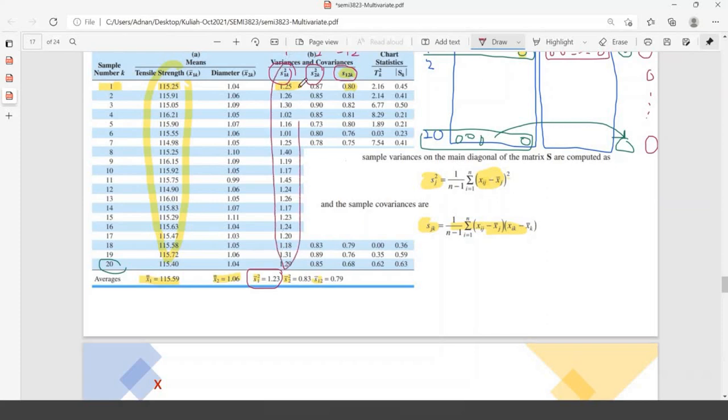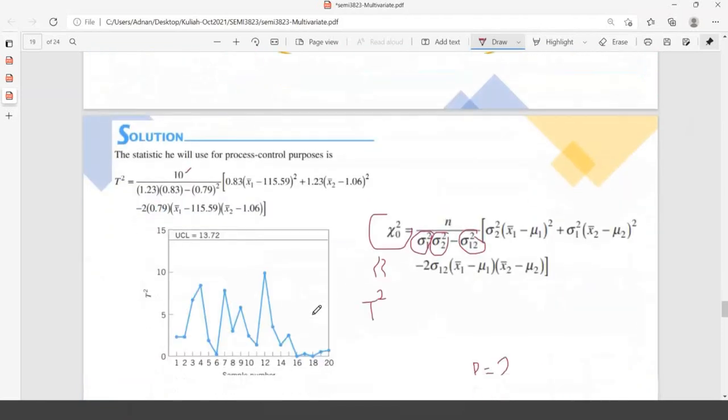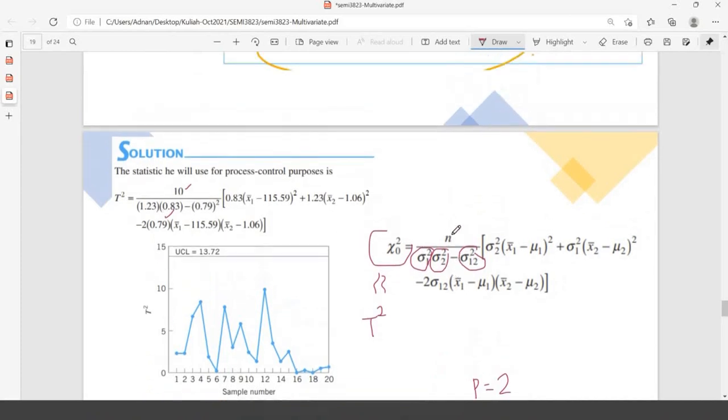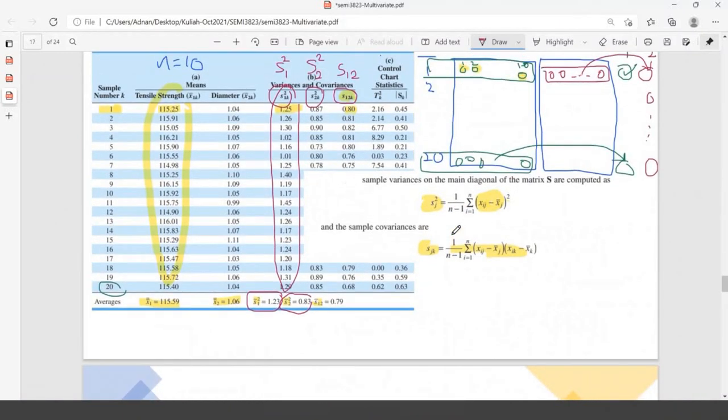And the second, which is the variance for diameter, is given, or I mean it was calculated from the original data. So it is 0.83. You see the formula here, minus the covariance. The covariance you can get from here.